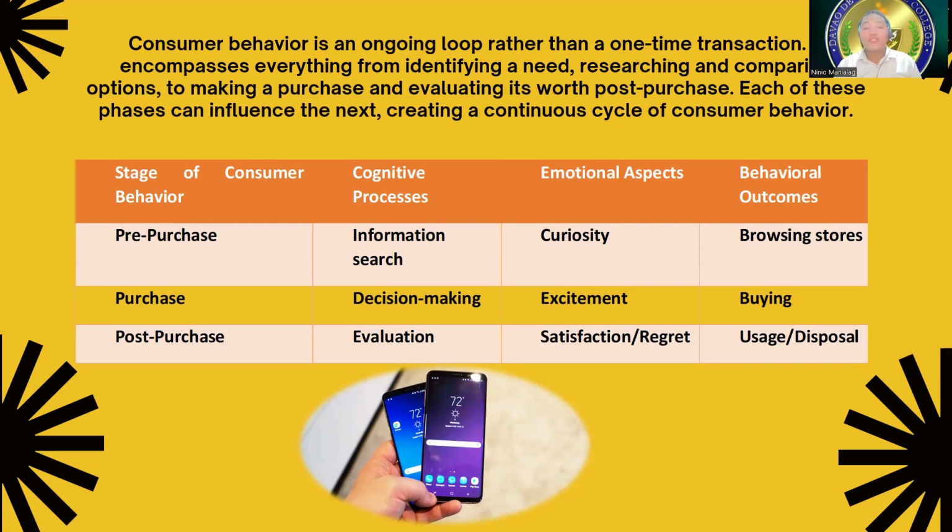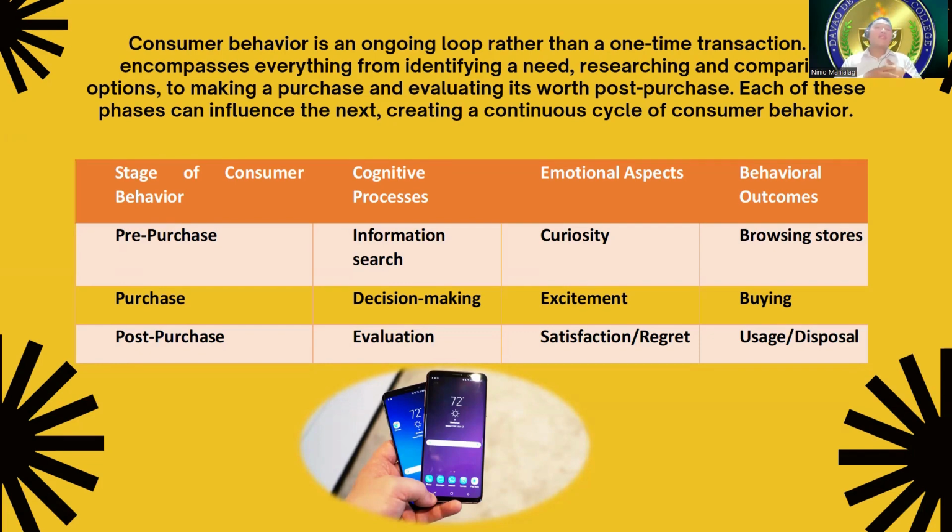Lastly, in the post-purchase stage, the cognitive processes involve evaluating whether the phone meets expectations. Emotionally, the consumer may feel satisfaction or regret. And behaviorally, they may continue to use the phone or even consider reselling it based on their evaluation.